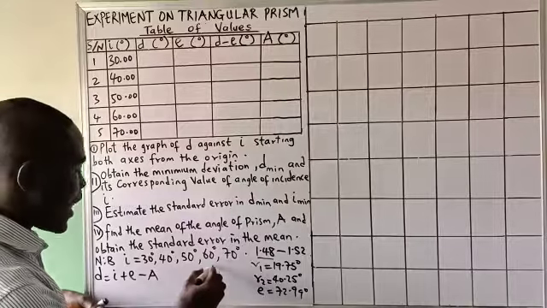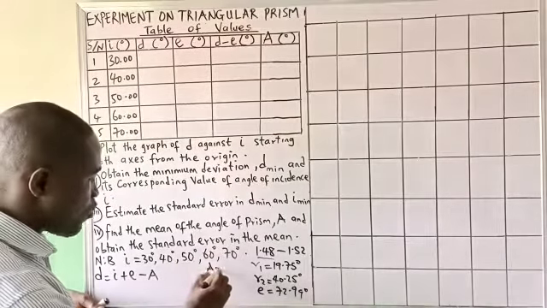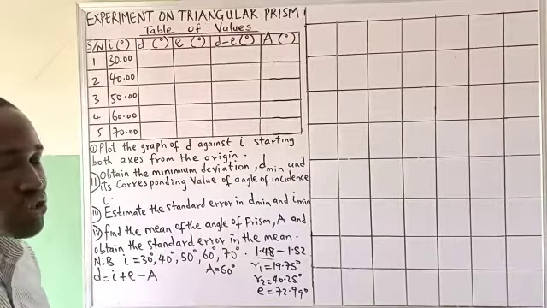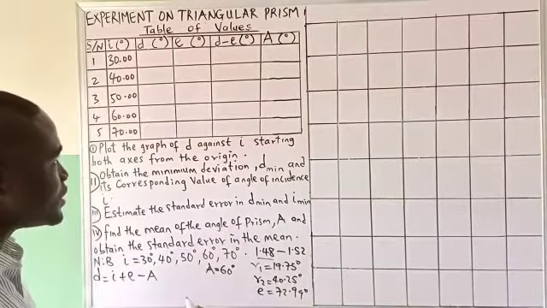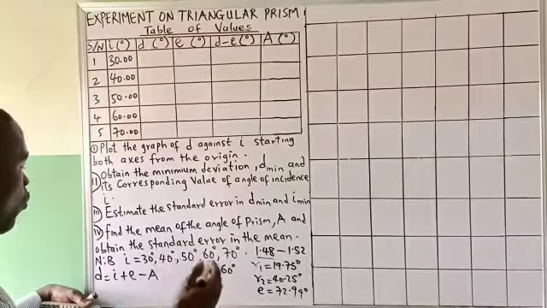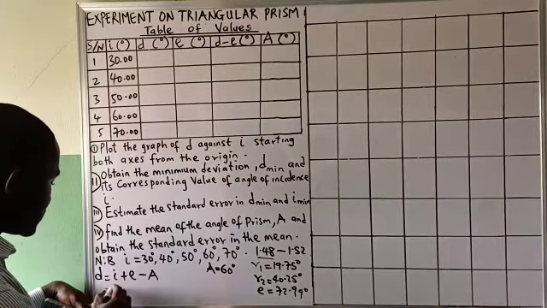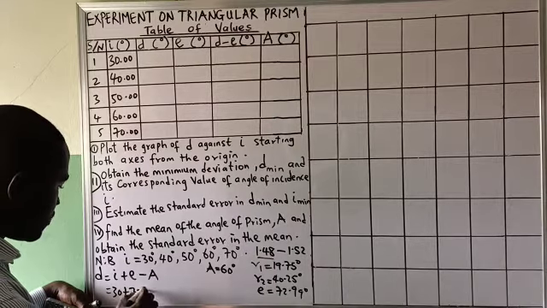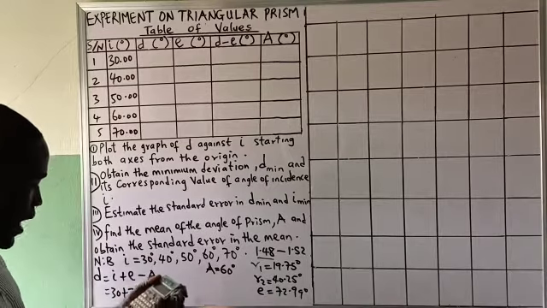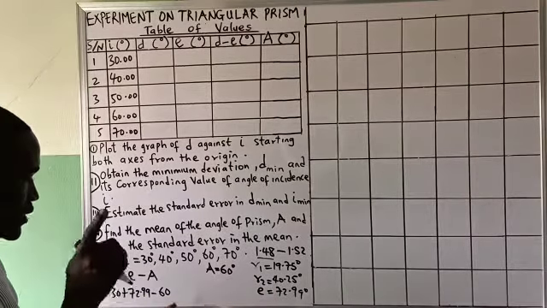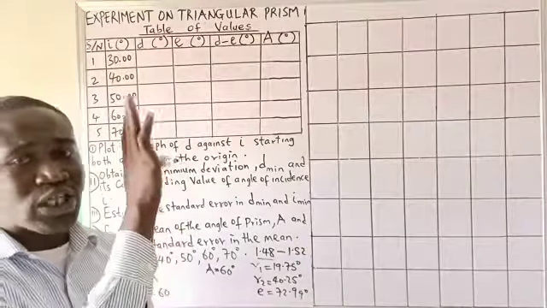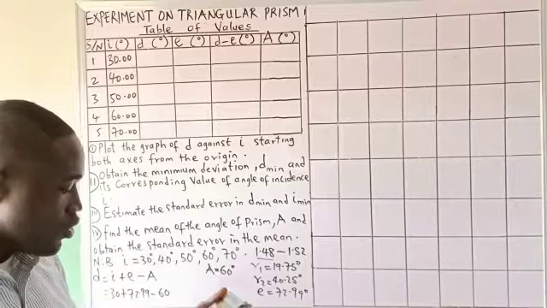And at this, we now have that A will be equivalent to 60 degrees because each of the angles of the equilateral triangle is 60 degrees. So what we will do here is that we now say 30 plus 72.99 minus what? 60. We now use this formula because we derived it in that video. So try to watch the first part of this video to see all the formulas we derived and note them.